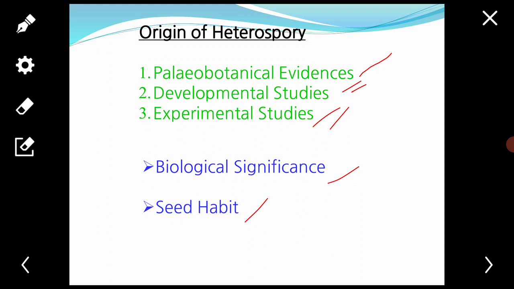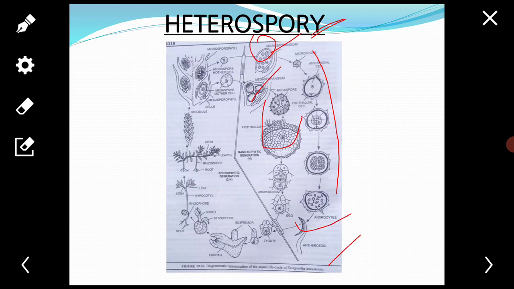Students, these are general topics and may come up to the heterospory, may come up for 5, 6 or 7 marks, and you can remember the diagram of the life cycle of Selaginella and put it as an example of the heterospory. Thank you.